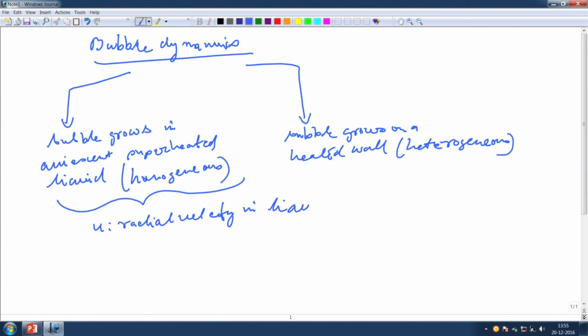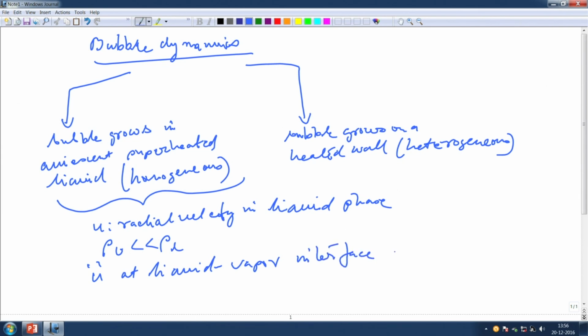If you recall the continuity equation that we did last time for a bubble inside a quiescent fluid medium, and we also know that rho v is much less than rho L. So, at the liquid vapor interface, u at R comma t becomes equal to dR by dt.